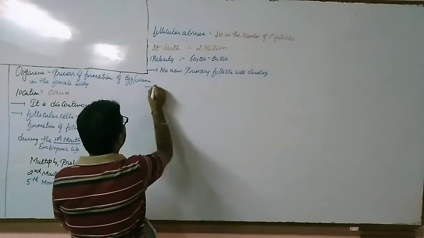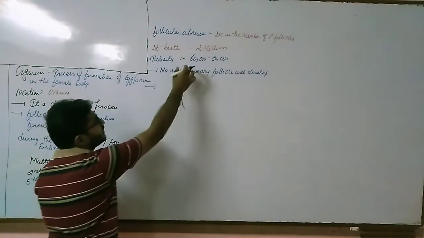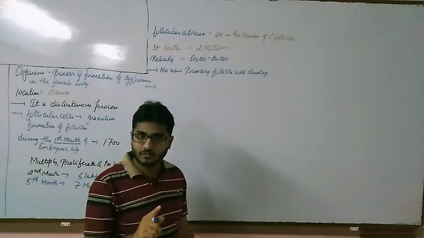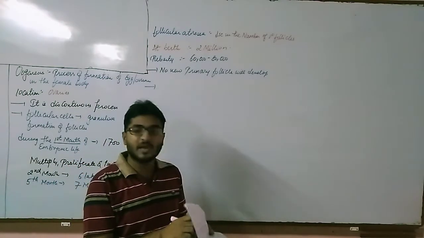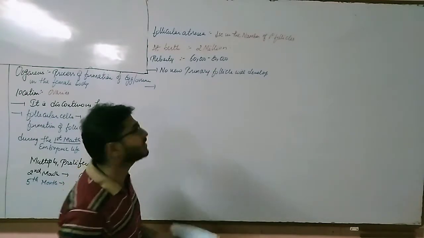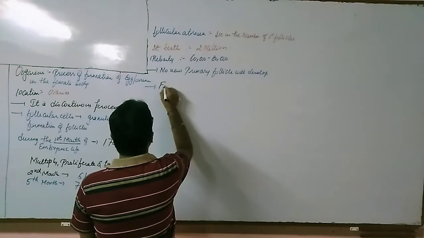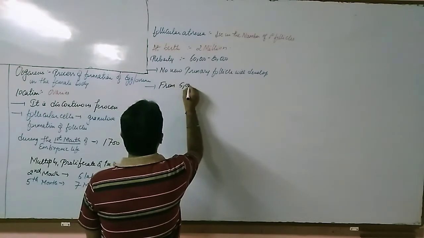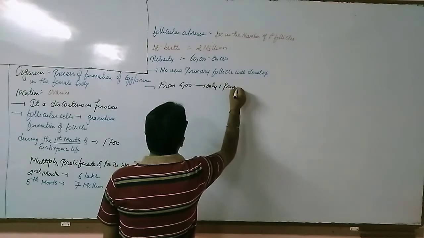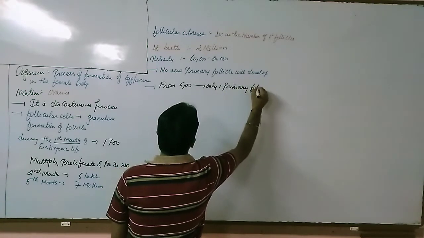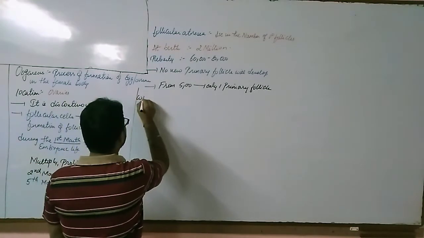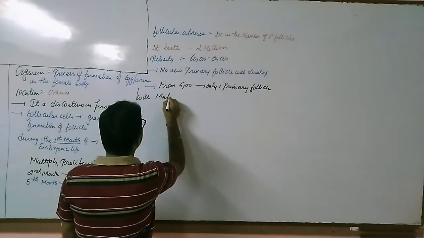Let us assume that out of 500 primary follicles from the 60 to 80,000, only one primary follicle will go up to the maturation stage. It is just an assumption: out of 500, only one primary follicle will mature. And what is it going to form?